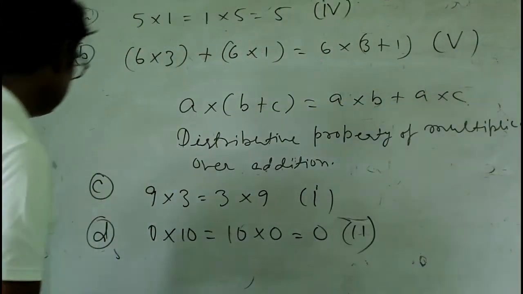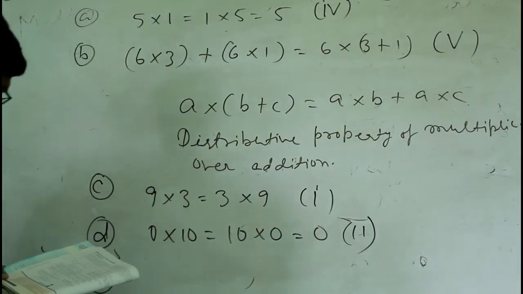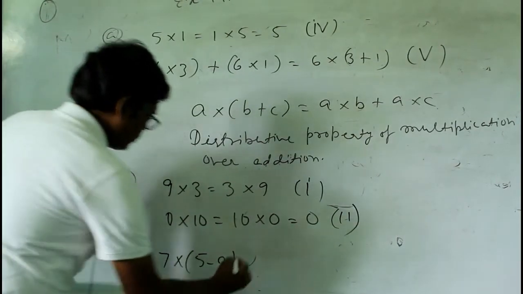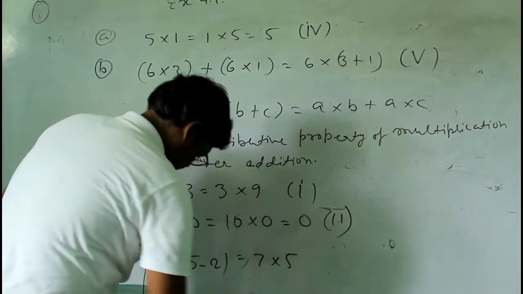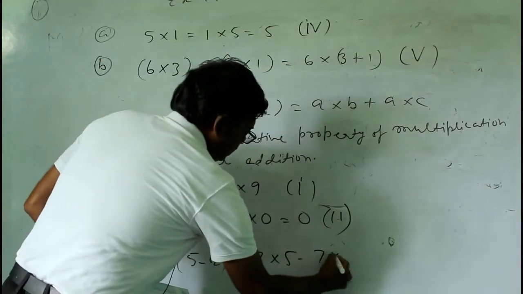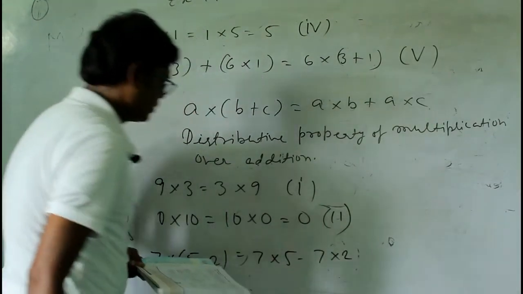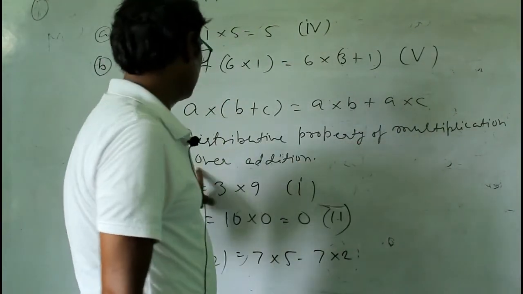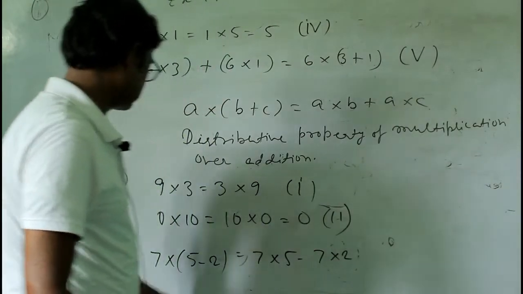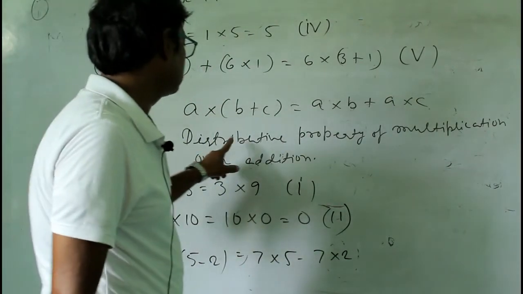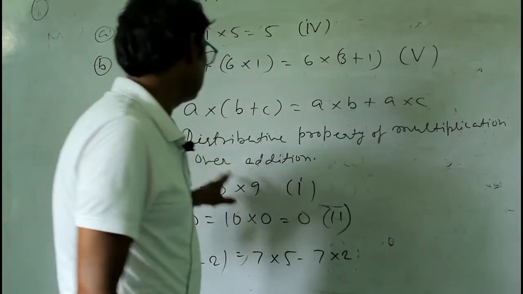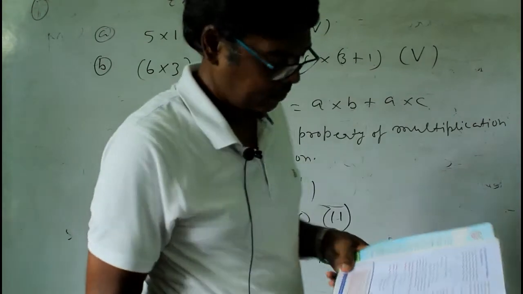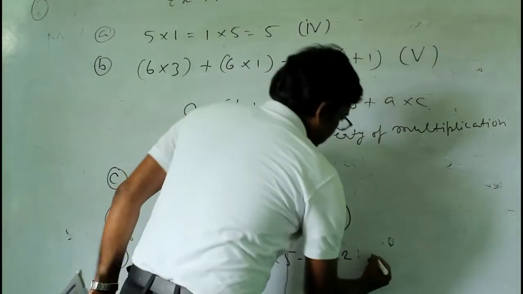And question number E is here: 7 into 5 minus 2 equal to 7 into 5 minus 7 into 2. This is the distributive property of multiplication over subtraction, because here there is a subtraction sign. So the option is number 3.